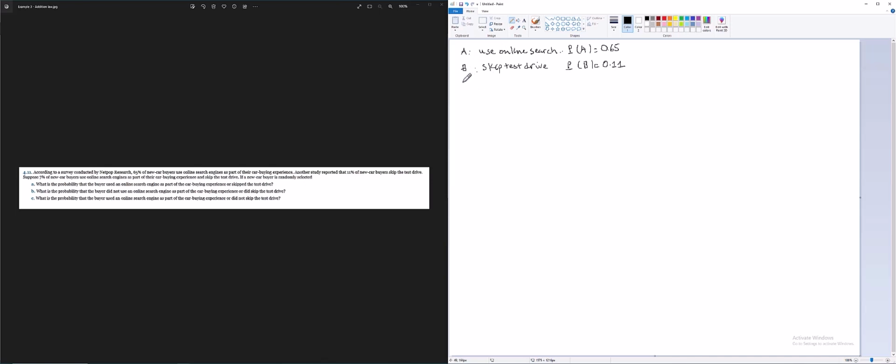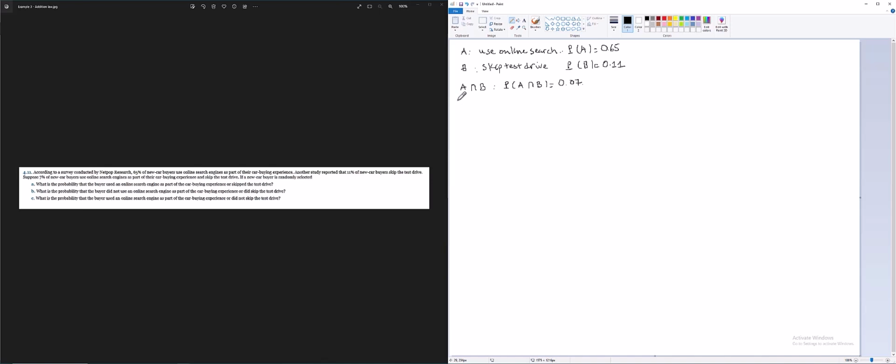So that's the intersection of the two events, A and B, and the probability of this event is 7%. So the probability of A intersect B is 0.07.